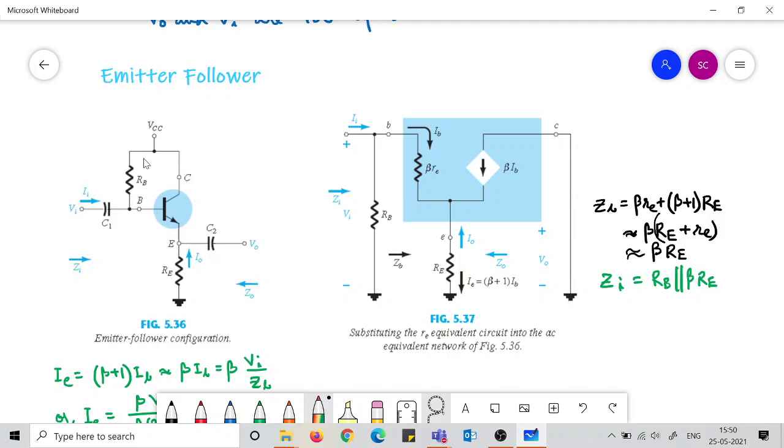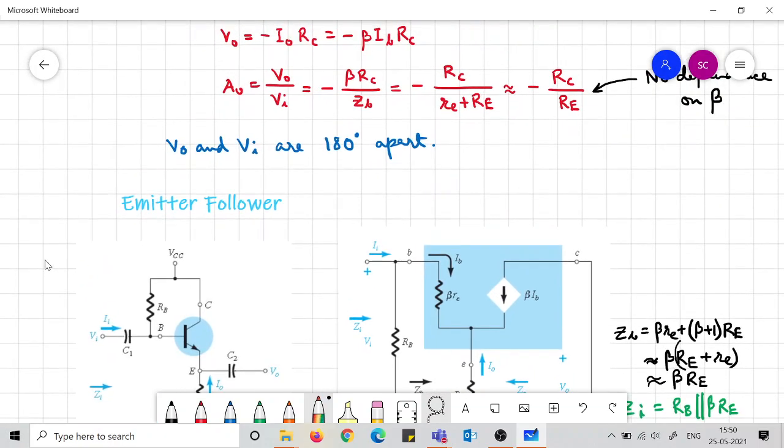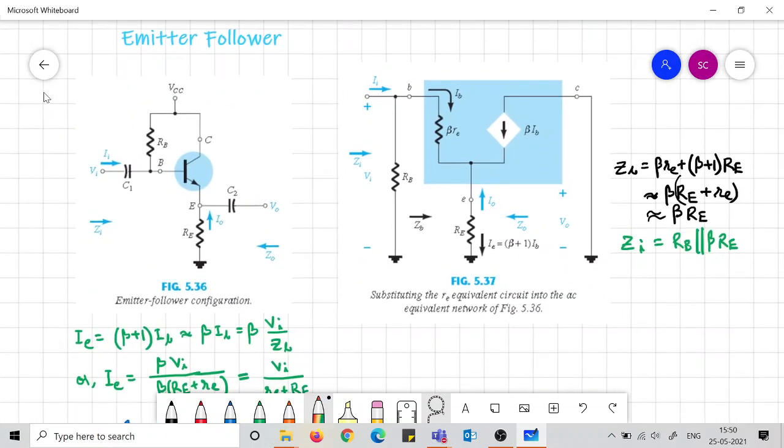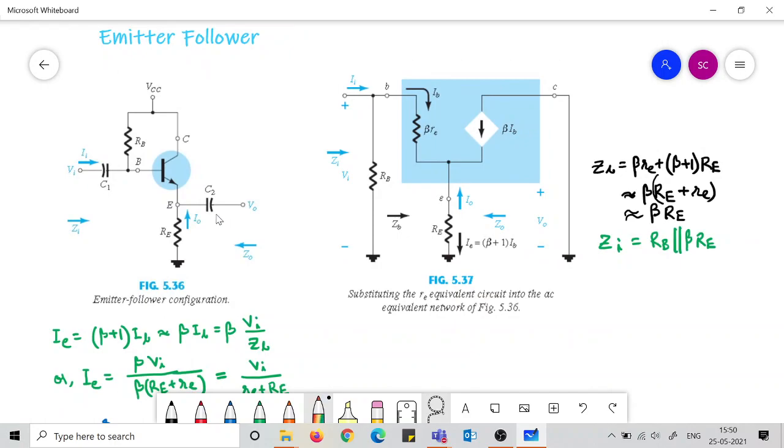So the main difference between the previous configuration and this configuration is that the output voltage is taken from the emitter terminal, and the output current I0 is flowing through RE. This is the main point of difference. When we appreciate this difference, now we can analyze in the same manner as in the previous analysis.